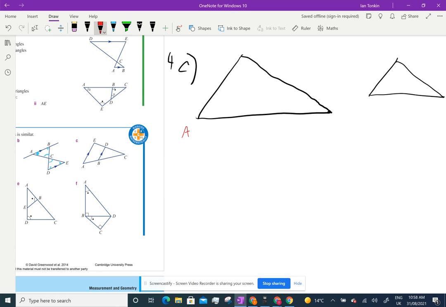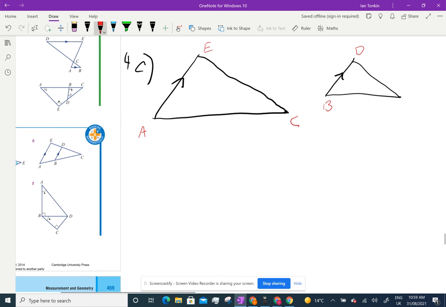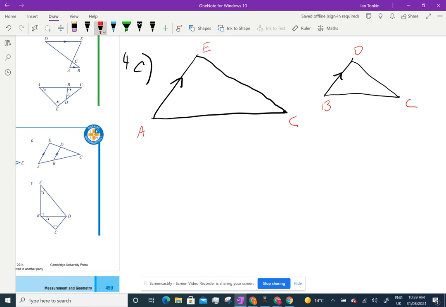So we've got A, C, E, and we know that that line, AE, is parallel to this line, and this is B, D, C. Now what else do we know? Well, we know that this angle and this angle are the same because they're common. It's the same angle in both triangles.